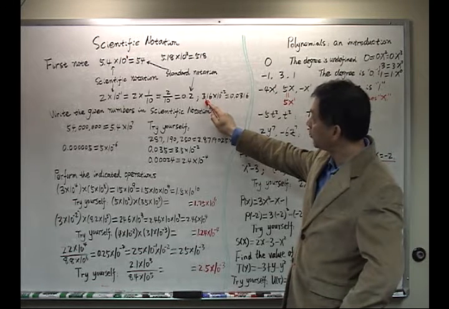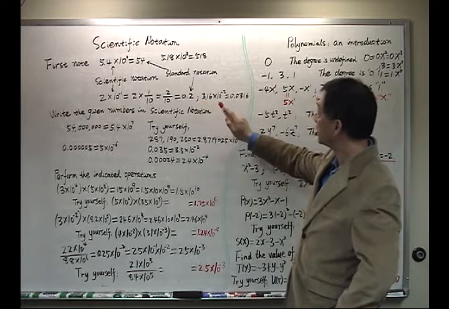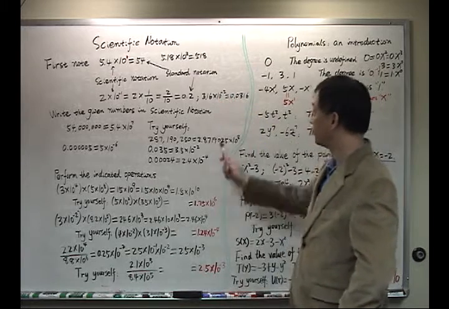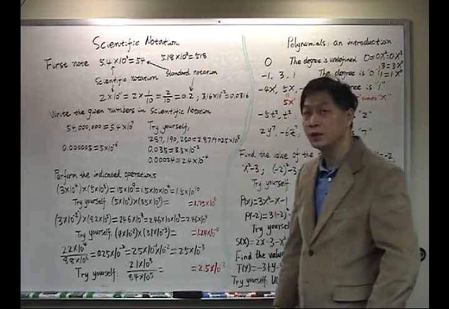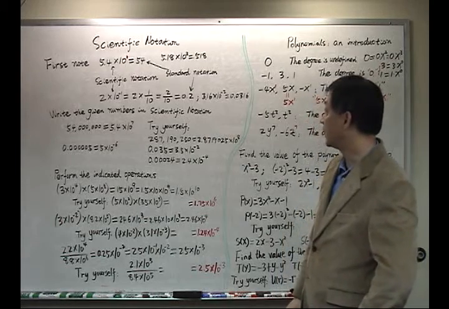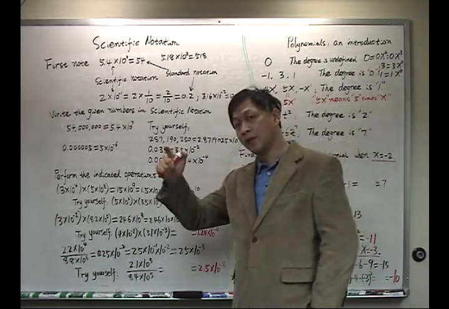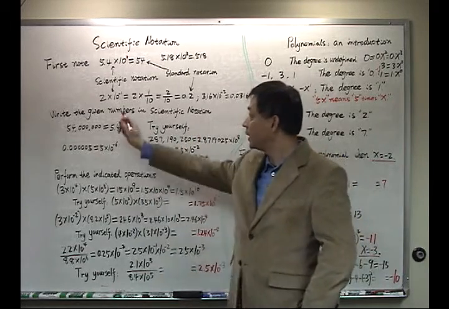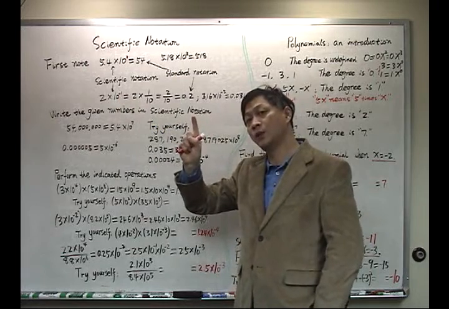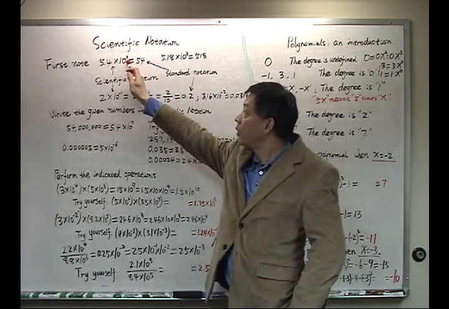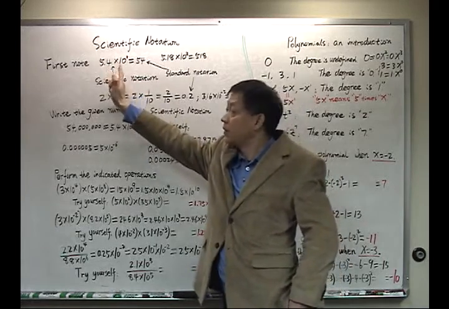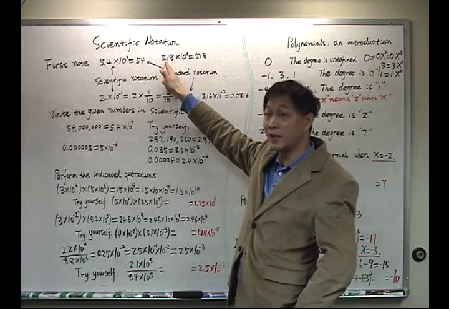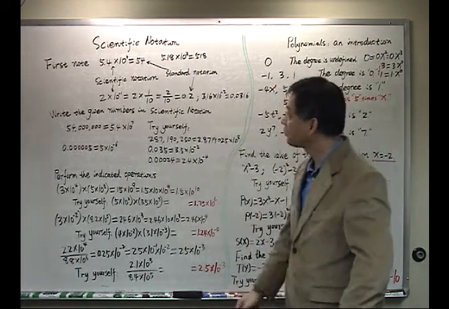We move this decimal point 2 digits to the left if the exponent is negative 2. It's like the real line: negative 2 goes 2 units to the left, negative 1 goes 1 unit to the left, positive 1 goes 1 unit to the right, and positive 2 goes 2 units, or 2 digits, to the right.